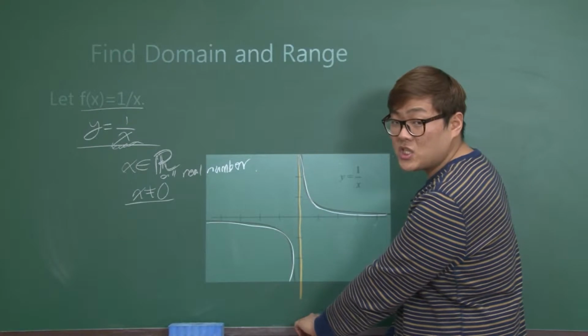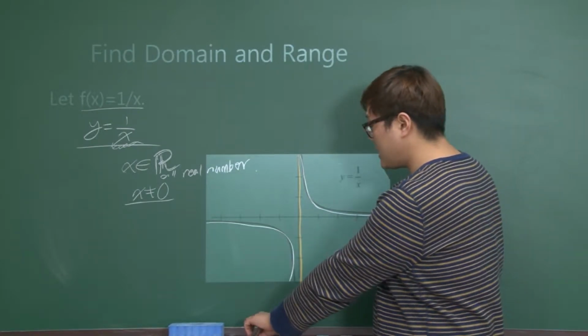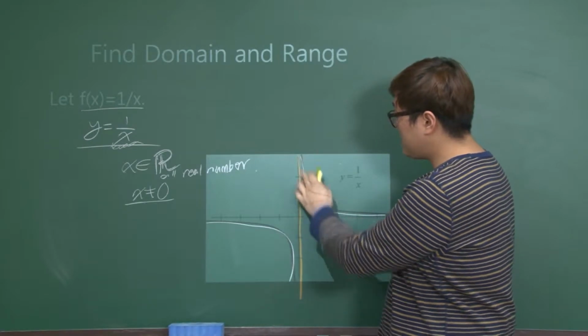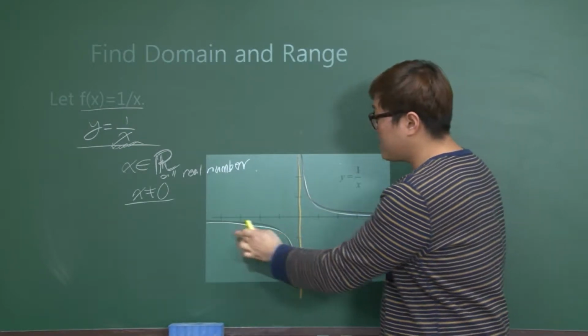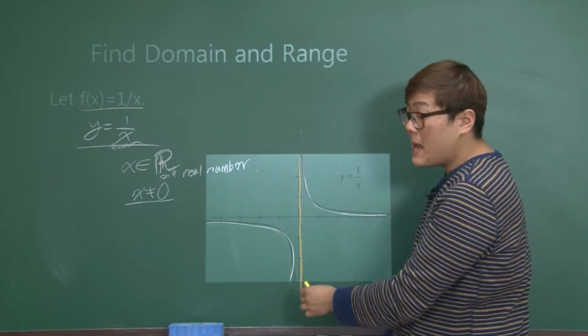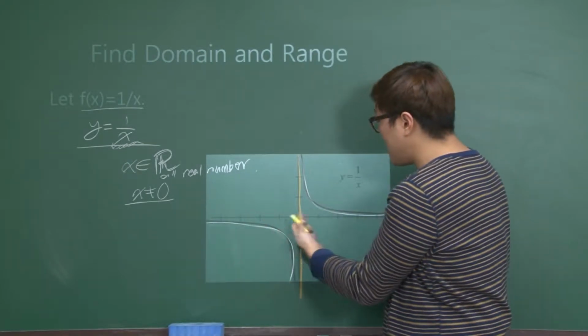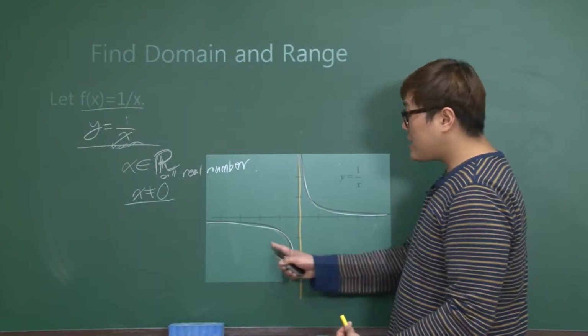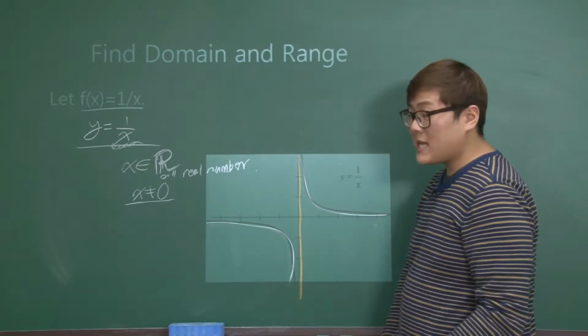What about the range? Okay, let's look at the graph again. There are all the values from infinity to almost 0, and 0 to negative infinity, but there's no point on the x-axis. There's no intersection between the graph and the x-axis.